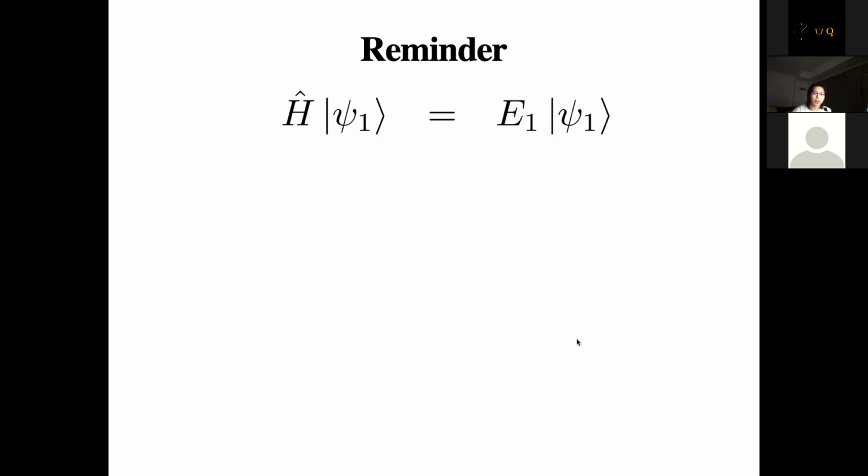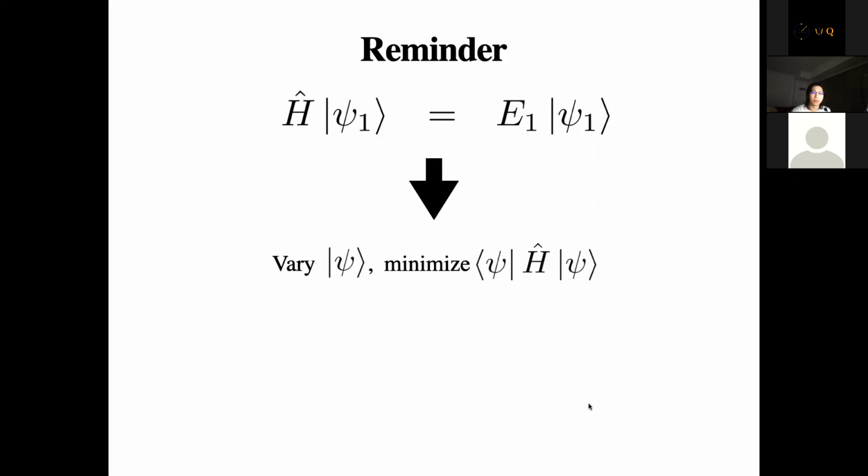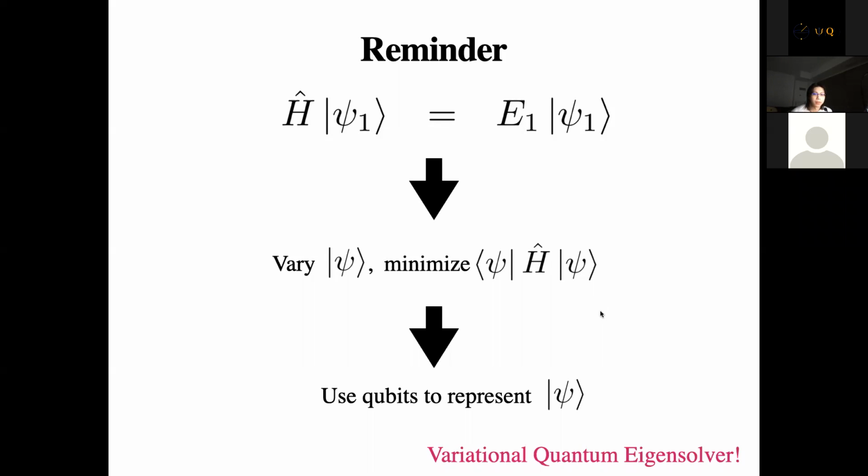So what we do is what we call the variational method: you vary your psi however you want, you get the psi value, and you minimize that to get to your ground state energy. And for psi, we're using qubits to represent this exponentially large vector. This is essentially the idea of the variational quantum eigensolver.